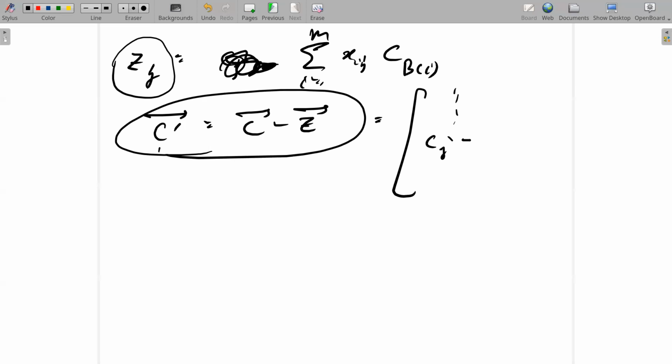So this is the modified cost function. So C prime vec is equal to C vec minus Z vec. And the jth entry is Cj minus summation i equals 1 to m of Xij C_Bi. Okay.